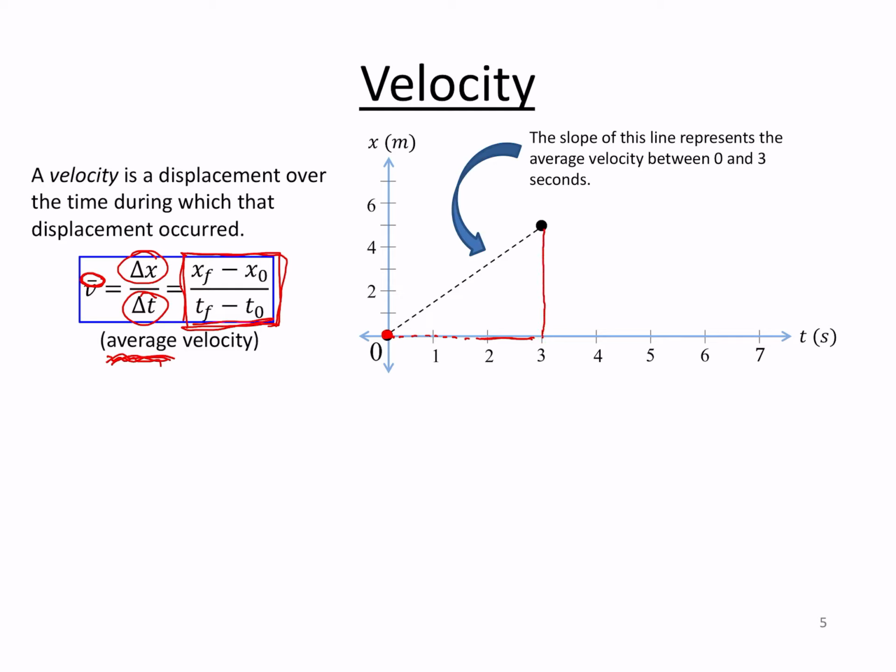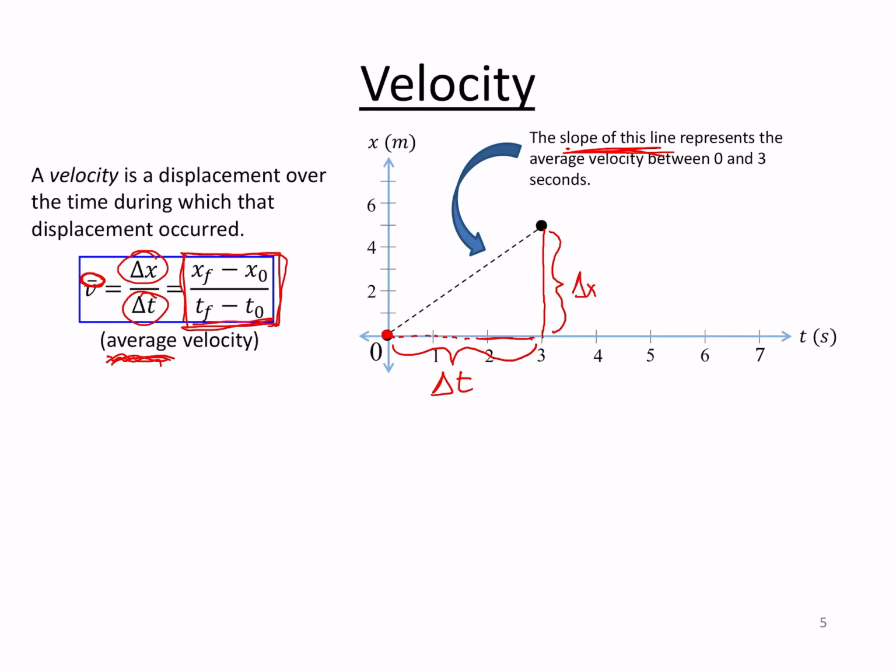Well, this part is delta x, and this part is delta t. So rise over run. And that means that the slope of this dotted line that I'm connecting the two bits of data with, our initial time and position and our final time and position, represents the average velocity between 0 and 3 seconds.